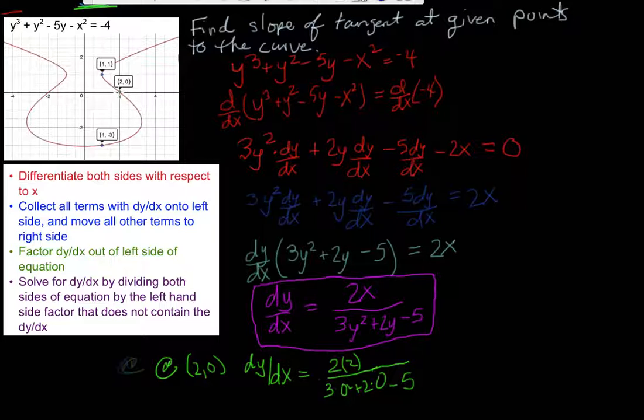And so the slope of the tangent at (2, 0) is 4 over 5, and that's going to be a negative. So that's the slope of the tangent at that point.